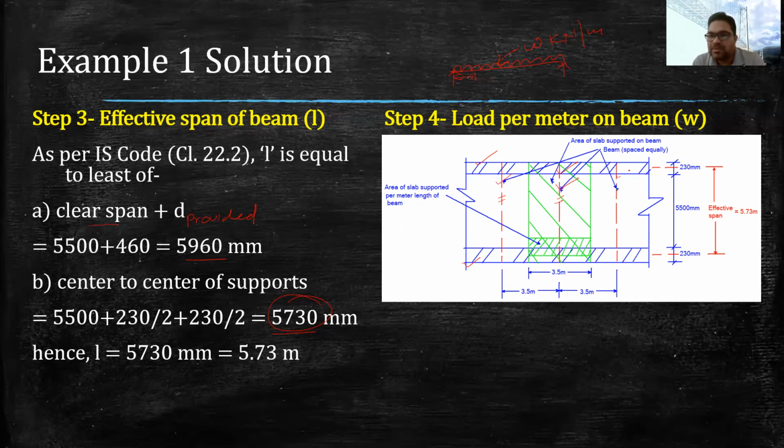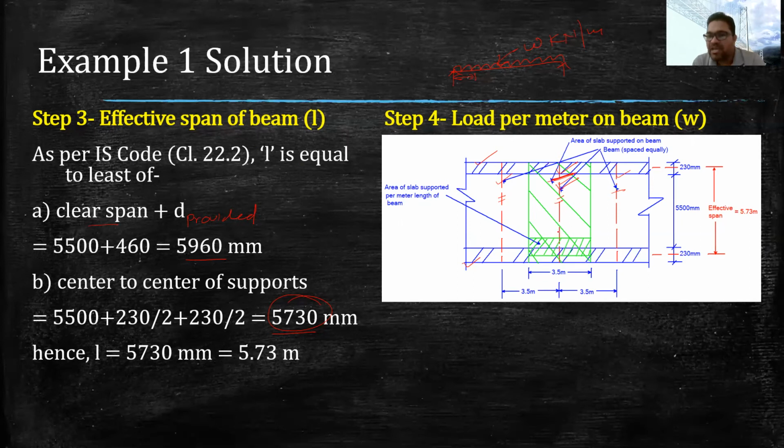Similarly, for this beam also, half of the slab is supported by this one, and the remaining half will be supported by this beam. As I'm designing this beam, this green line is showing the area of the slab which will be supported by this whole beam.